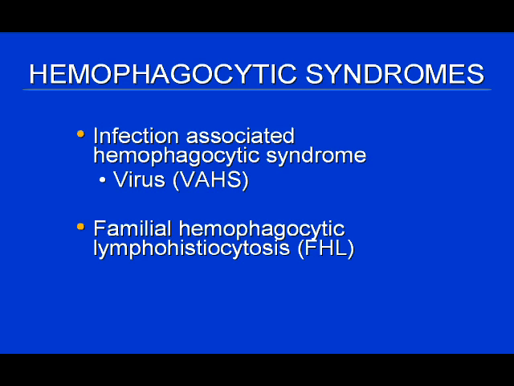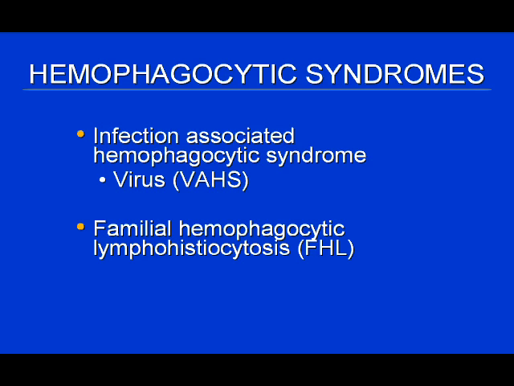hemophagocytic syndromes. They are of two major types: the infection-associated hemophagocytic syndrome, which we see a bit more commonly than the familial hemophagocytic lymphohistiocytosis. The infections are generally caused by a virus, and especially EBV.